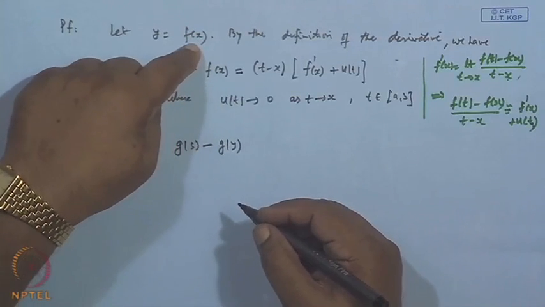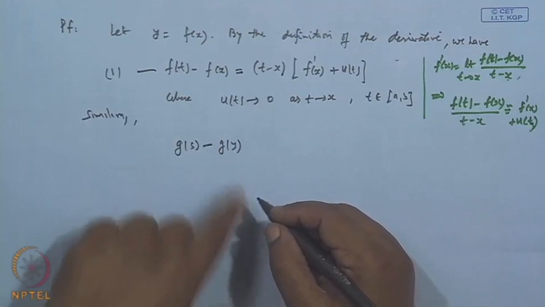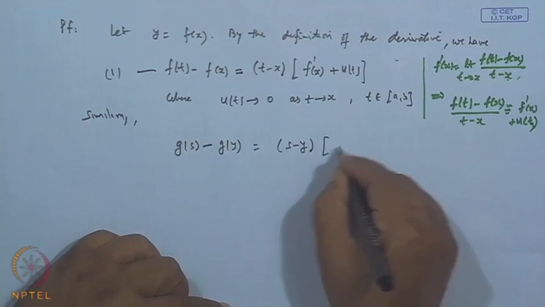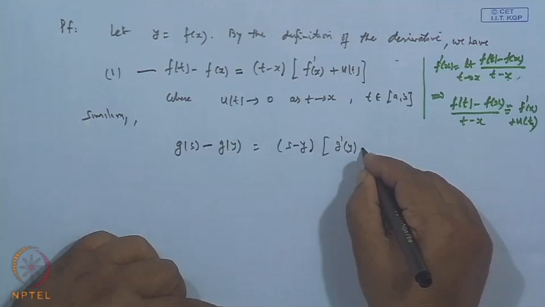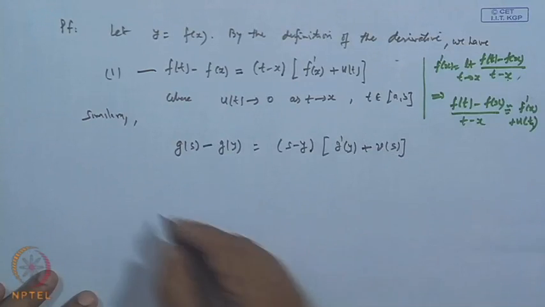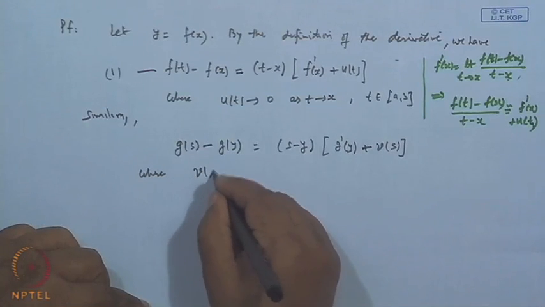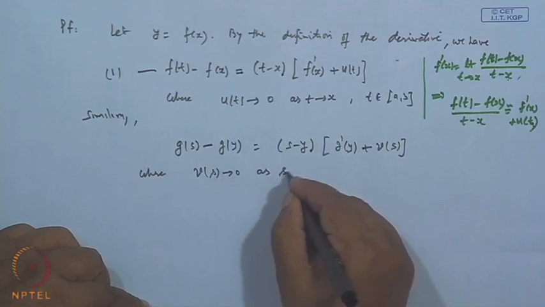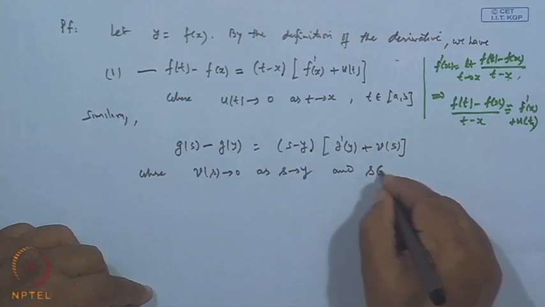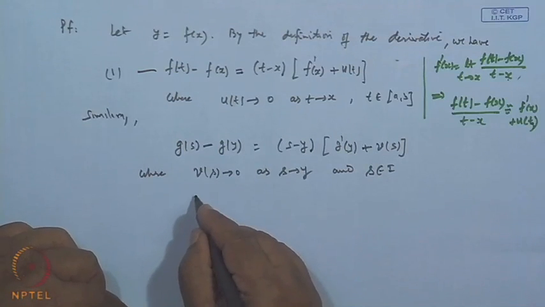With y equal to f of x, g of s minus g of y equals s minus y times g prime of y plus a term v of s, where v of s goes to 0 as s tends to y, and s belongs to the interval I in which the range of f lies.